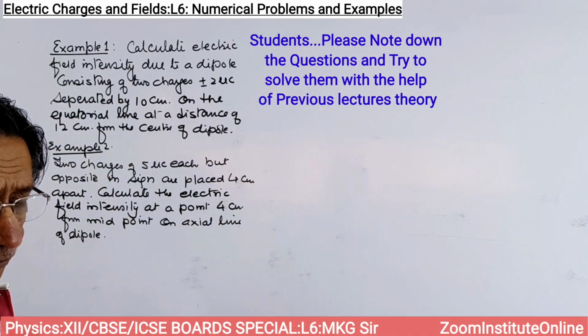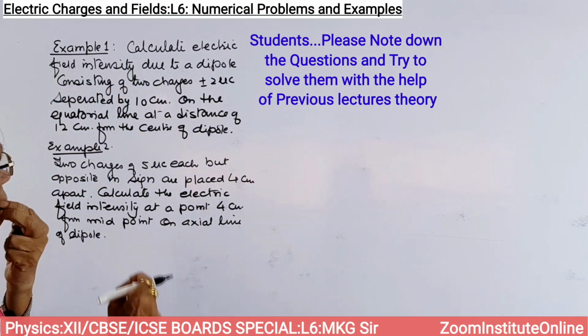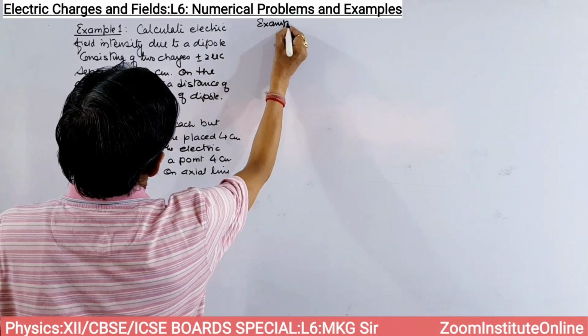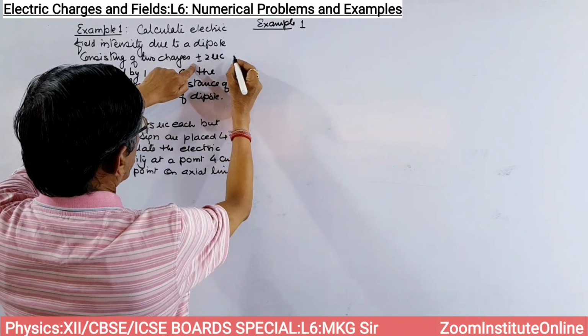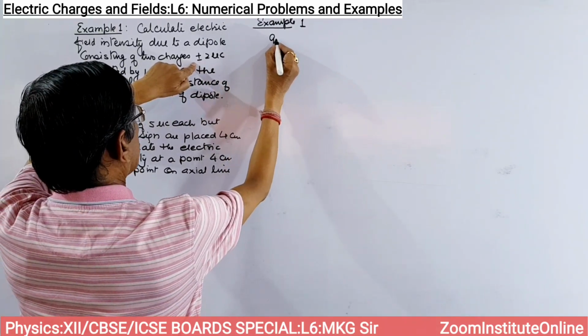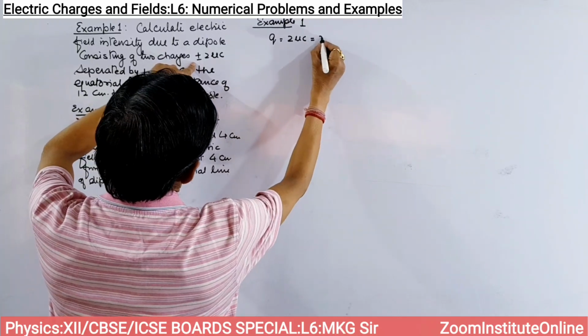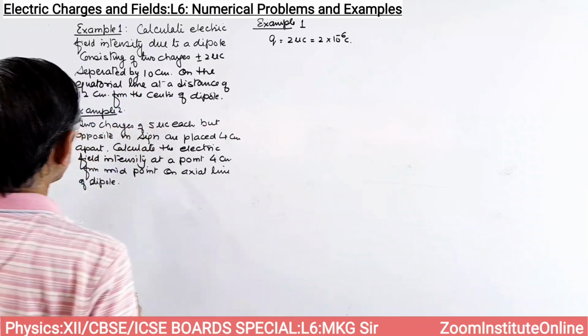Calculate the electric field intensity due to a dipole consisting of two charges of plus minus 2 microcoulomb. So, I can write Q is equal to 2 microcoulomb, which is 2 into 10 to the power minus 6 coulomb.